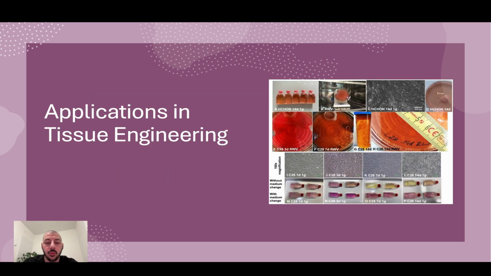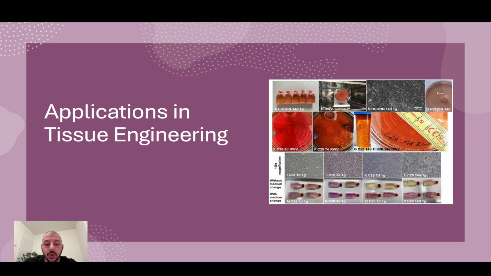One of the most promising applications of rotary wall vessel bioreactors is in tissue engineering, particularly for cartilage and bone regeneration. Cartilage engineering: chondrocytes grown in rotary wall vessel systems show enhanced extracellular matrix production, including collagen II and glycosaminoglycans, which are crucial for functional cartilage repair.